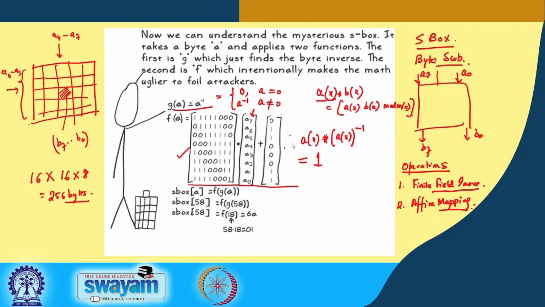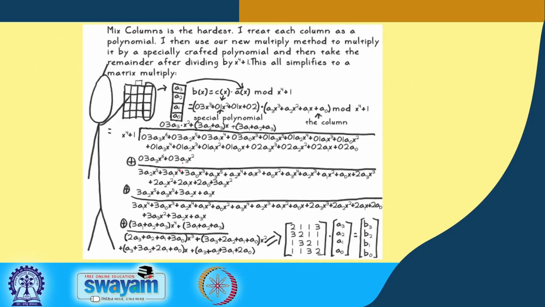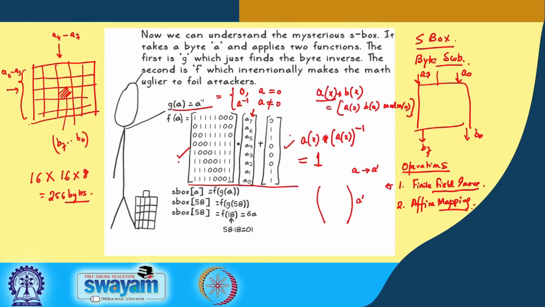Now I add another vector, called B. So after the finite field inverse, if my input was A, I transform it into A dash, the result of the finite field inverse. Then I multiply A dash with this fixed matrix, call it A, and add the vector B.